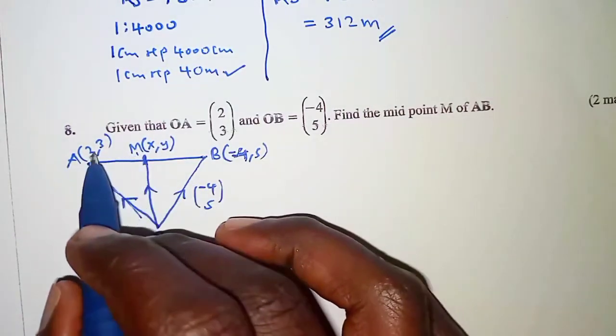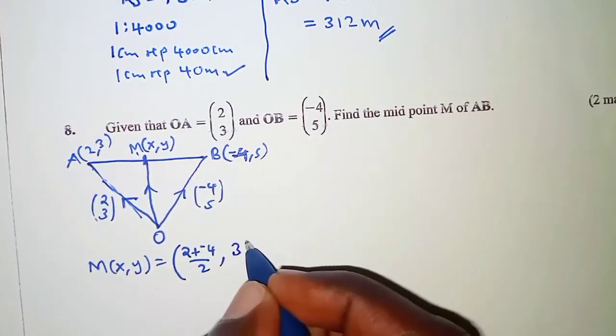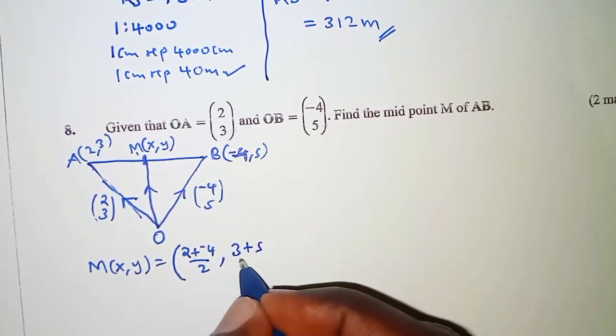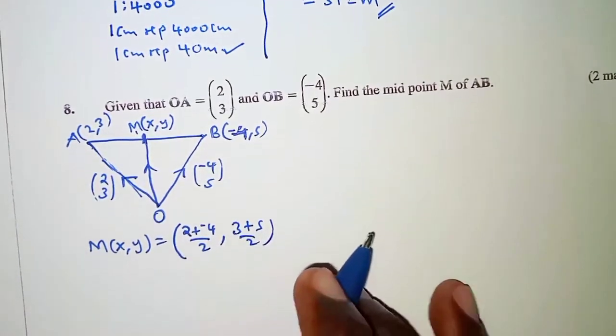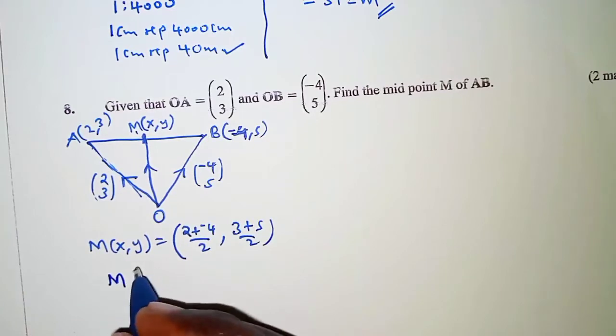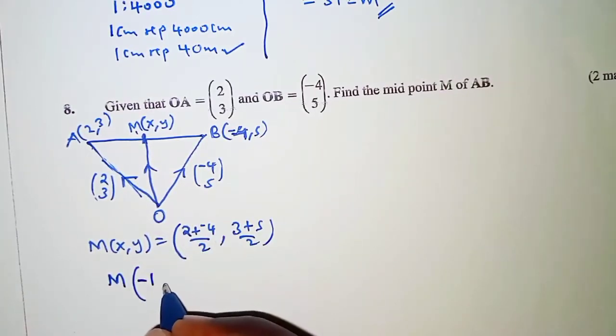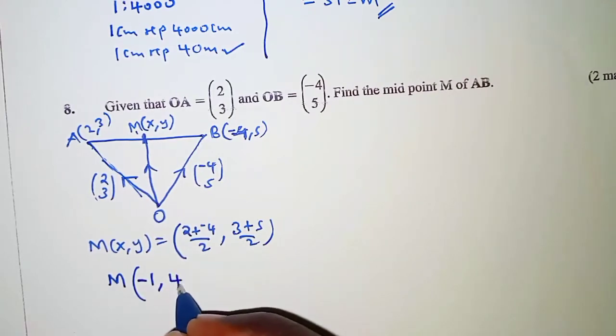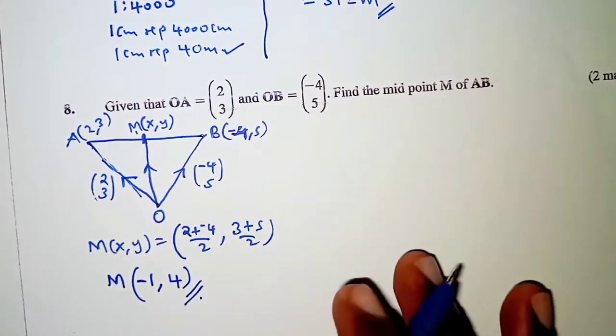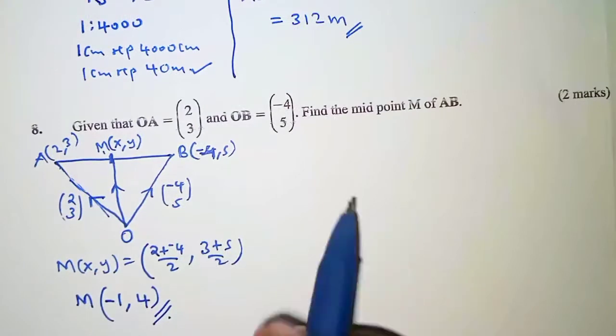And then the same applies for the Y's. We have (3 plus 5) over 2, and therefore the midpoint M is (-1,4). So that is the midpoint M.